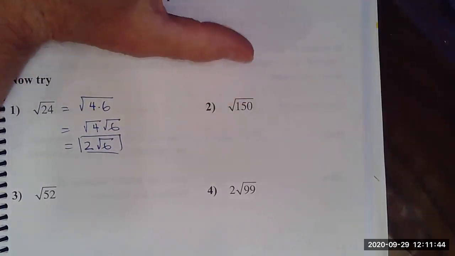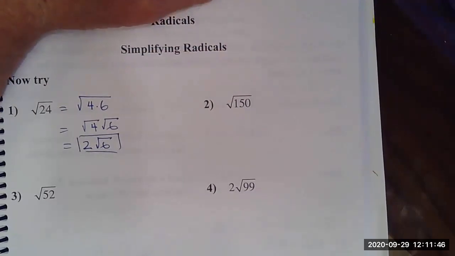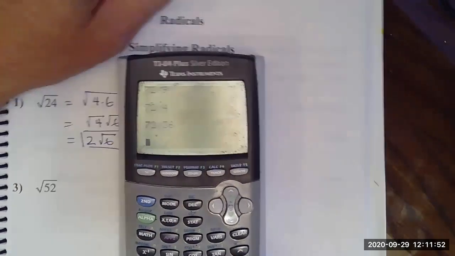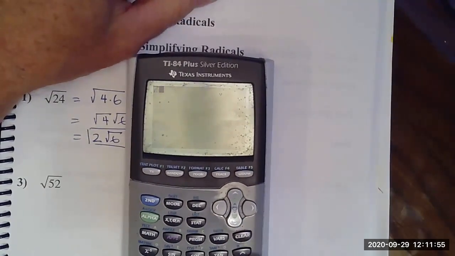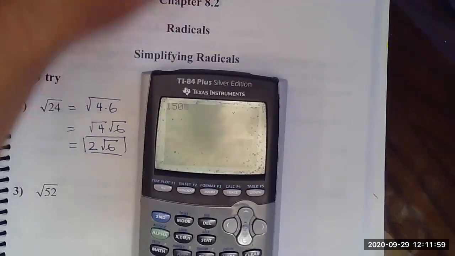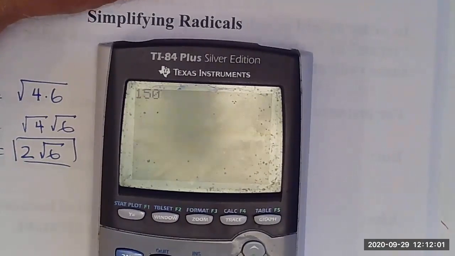Root 150. Okay, so you'd say, well, 2 goes into 150. 2 is not a perfect square. So try to come up with perfect squares. All right, well, let's see. What's the 4? 4 is a perfect square. So try 150 divided by 4 and see if you get something. Yeah, you don't. What's the next perfect square after 4? 9.